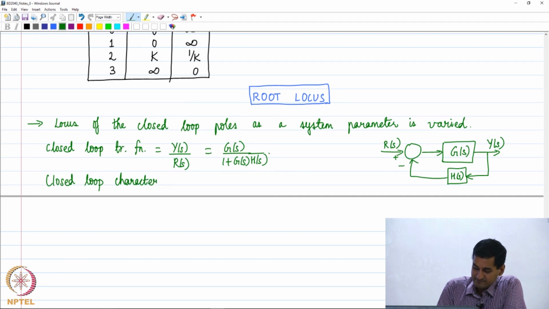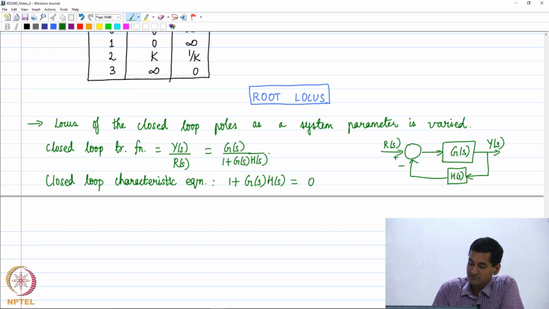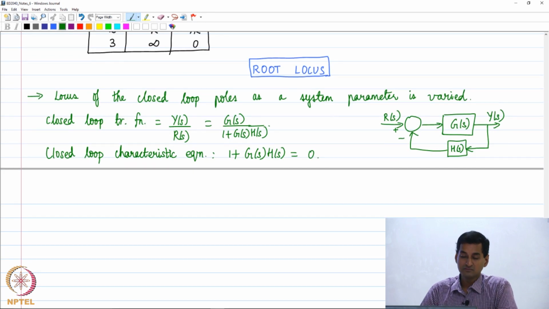Immediately we know that the closed loop characteristic equation is given by 1 plus G of s H of s equals 0. That is the closed loop characteristic equation. 1 plus G of s H of s is what is called the closed loop characteristic polynomial, and 1 plus G of s H of s equals 0 is what is called the closed loop characteristic equation.